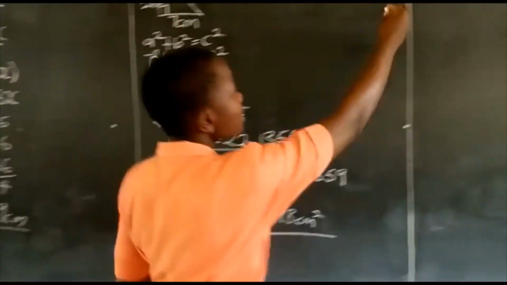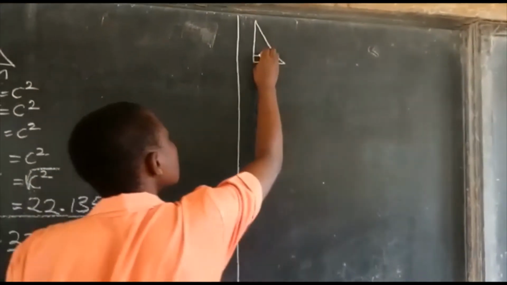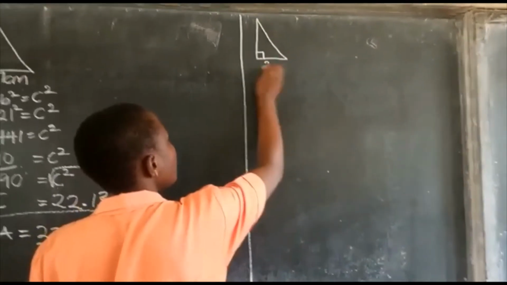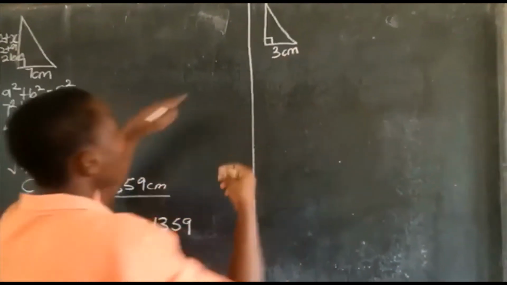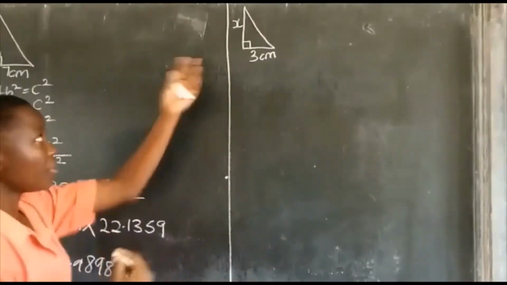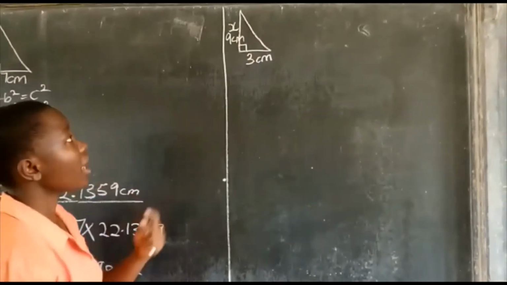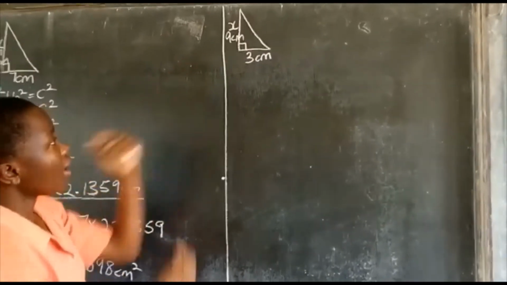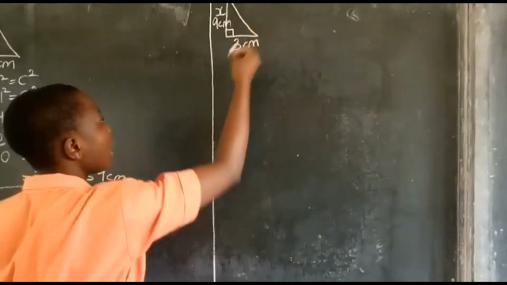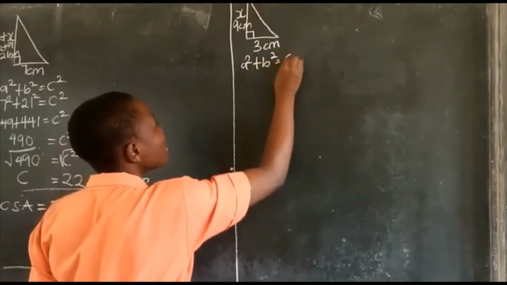So, our next step, we are required to find the curved surface area for our small cone, which will be this. It has a radius of 3 centimeters. And remember, our x here is the height of the small cone, and we found it as 9 centimeters. So, we are still using Pythagoras theorem to find the slanting side, which is a squared plus b squared is equal to c squared.